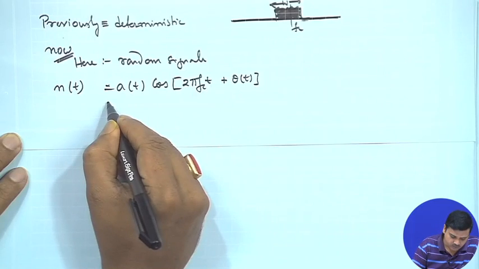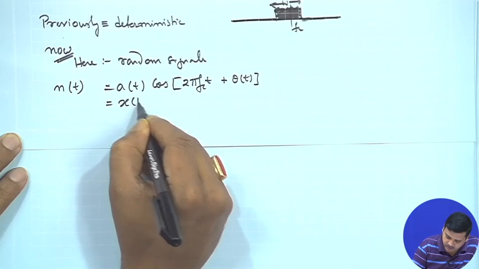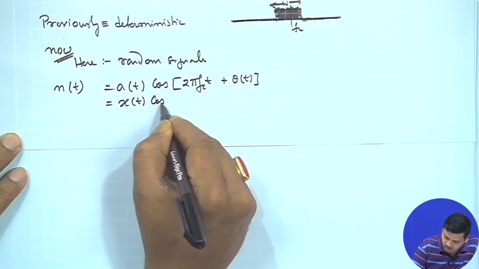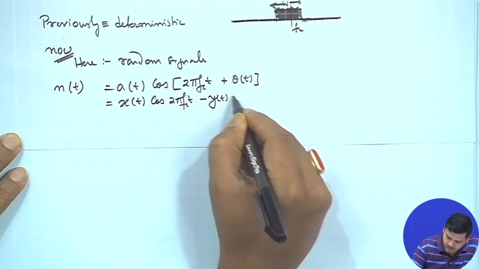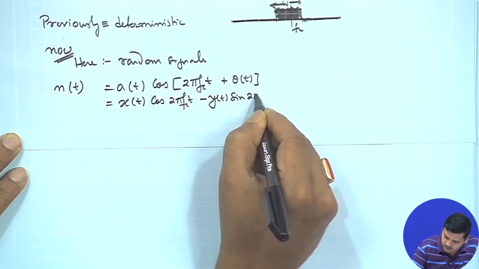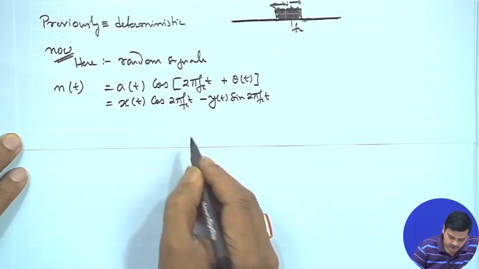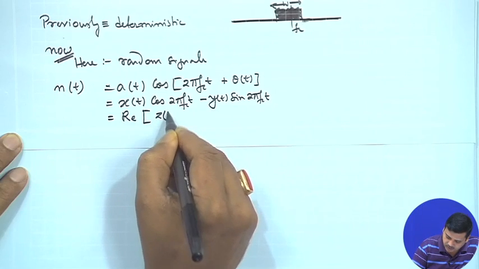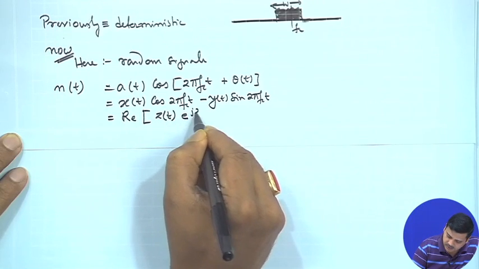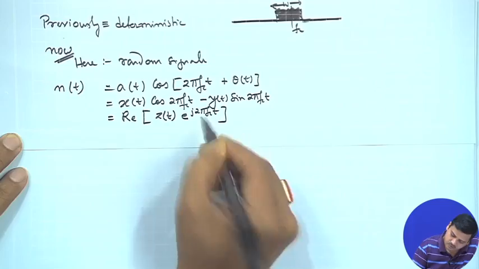Now, this again holds true, which you could write in terms of x(t) cos 2 pi f_c t minus y(t) sin 2 pi f_c t, and again which you could write as the real part of z(t) e to the power of j 2 pi f_c t.